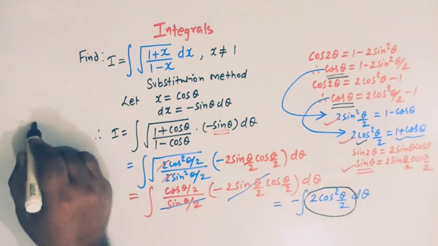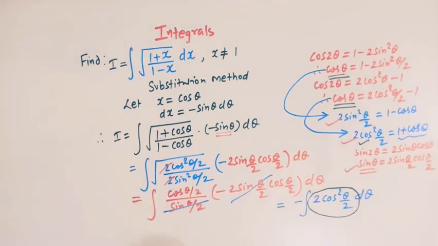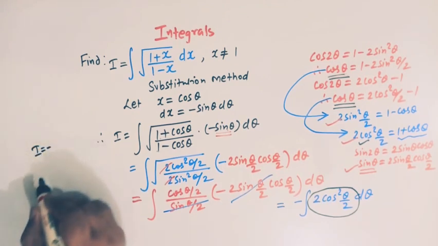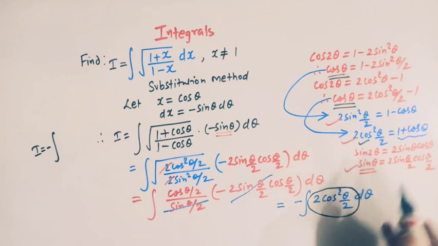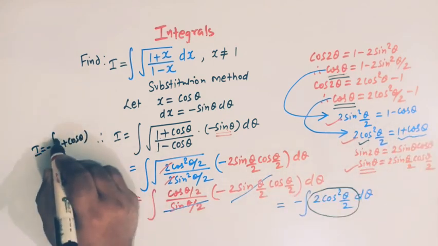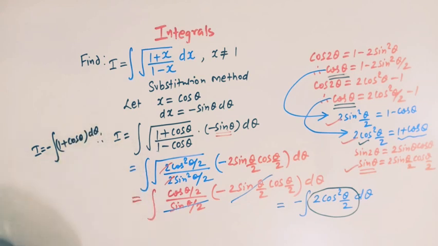So therefore I becomes equal to minus integral of 1 plus cos theta, right? And here we have d theta.